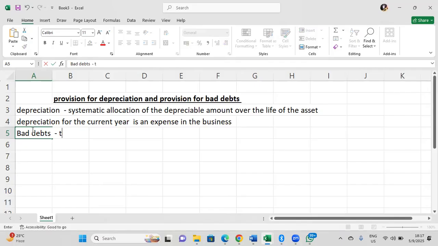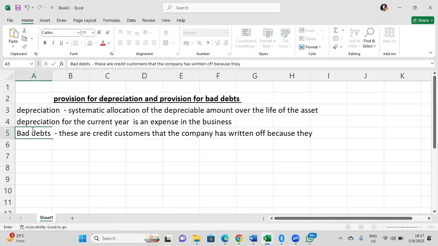So the bad debts are the credit customers that the company has written off because they won't be able to pay the amount due.